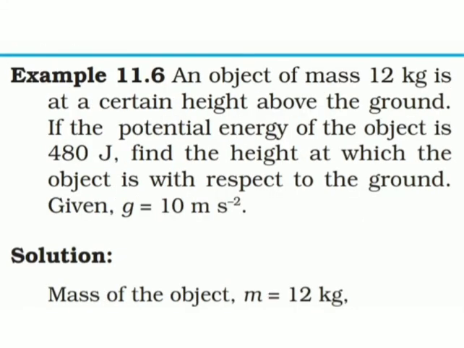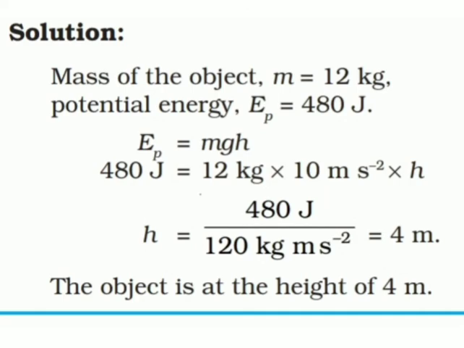Next one. Example 11.6. An object of mass 12 kg is at a certain height above the ground. If the potential energy of the object is 480 joule, find the height at which the object is with respect to the ground, given g equal to 10 meter per second square. Solution.